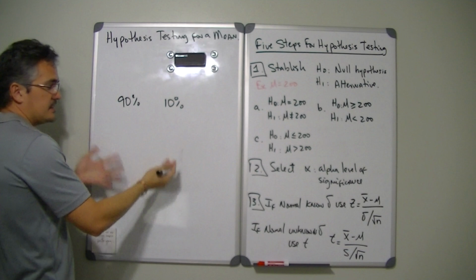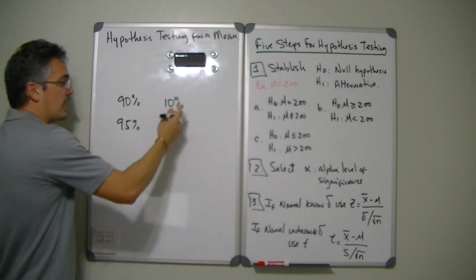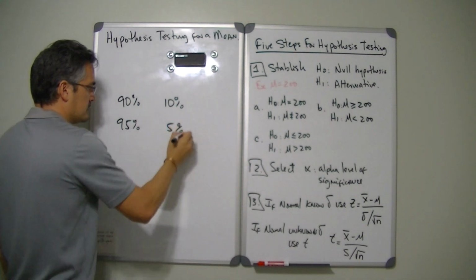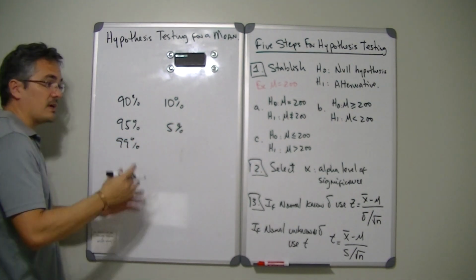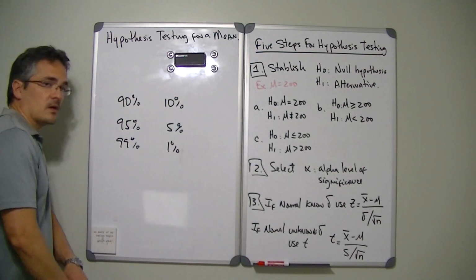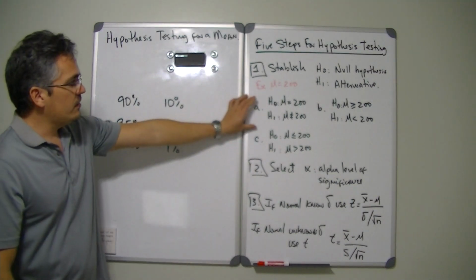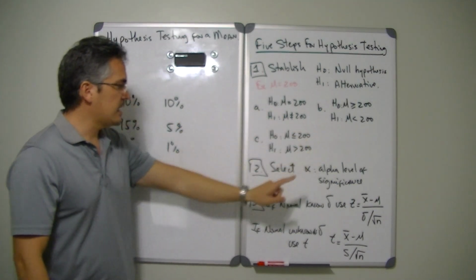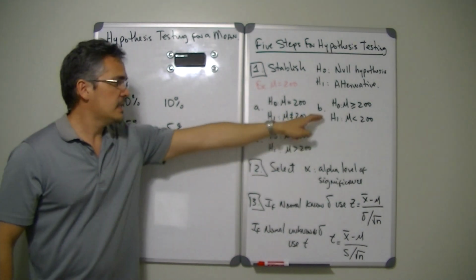If you want to be 95% correct, then your alpha has to be 5%. And if you want to be 99% of the time correct on your assessment, then your alpha has to be 1%. Alright? Now again, the amount of the alpha and where you put it depends on whether it's a two-tailed test or a one-tailed test. So this is a two-tail, that's a one-tail.